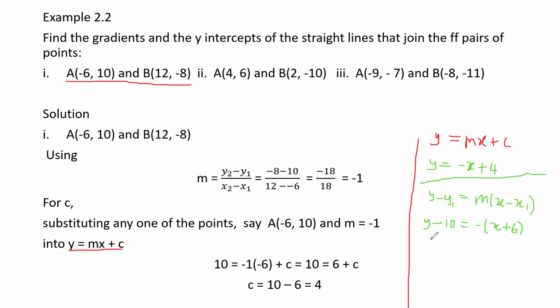So here we have y now will be equal to, now let's do the expansion. -1 times x is -x. Is that not so? Yes, sir. Okay. Now -1 times -6 becomes plus 6. Now I am sending -10 also to this side, it becomes plus 10.